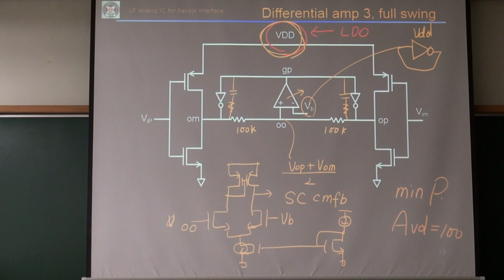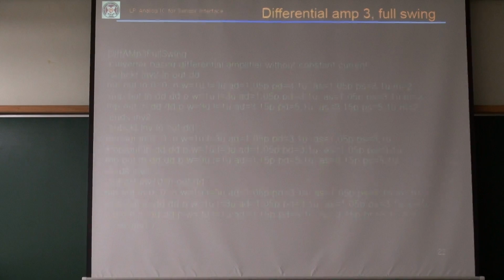Let's look at the code. I think this is the same code except this VDD, right? This is just 1 by 3. Oh, this is multiplied by 2, then it's 2 by 3, right?